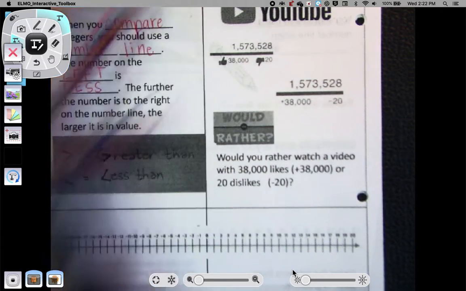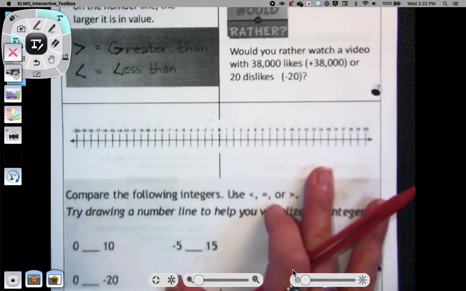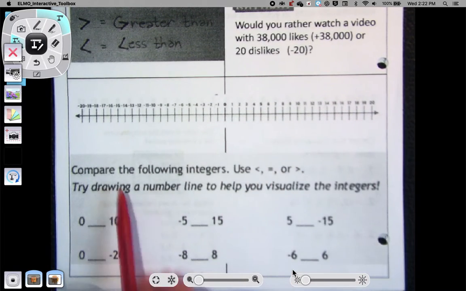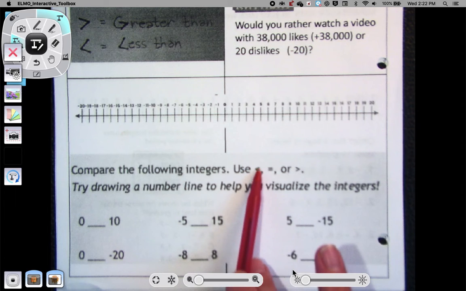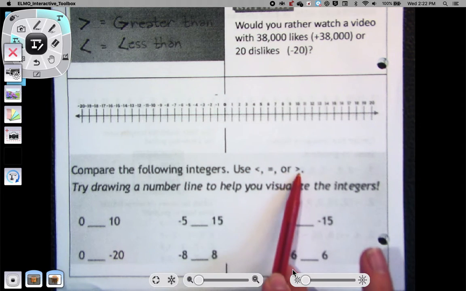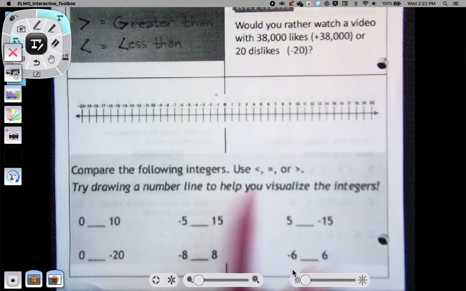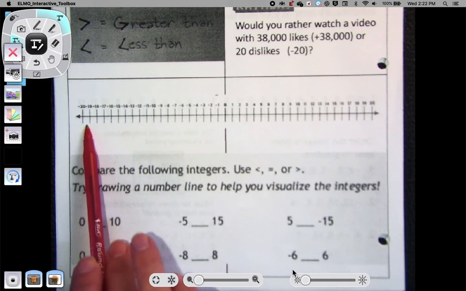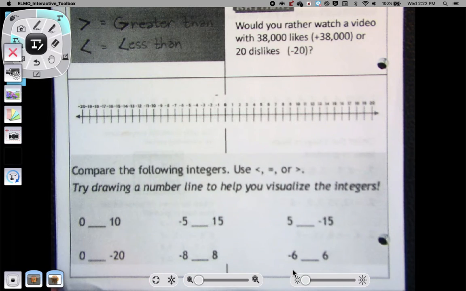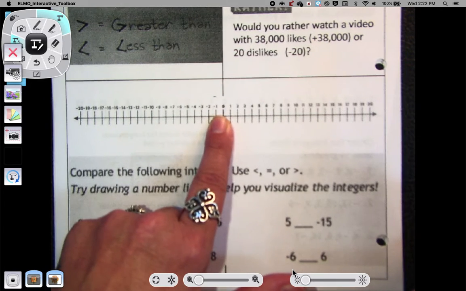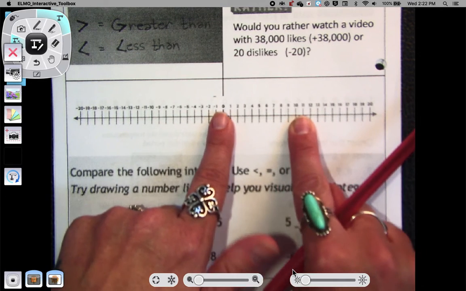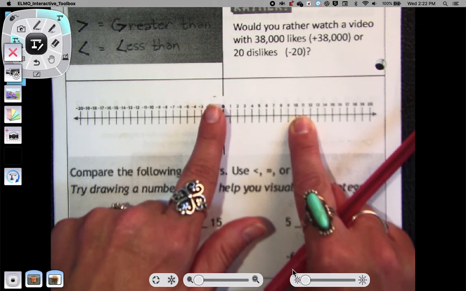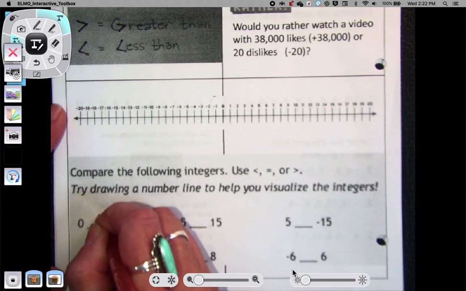So looking at our examples here at the bottom, it says to compare the following integers using less than, equal to, or greater than. Try drawing a number line to help you visualize the integers. I actually put a number line here on the sheet for you. When you look at the integers 0 and 10, if 0 is here and 10 is here, you see that 0 is on the left, and so it is less.